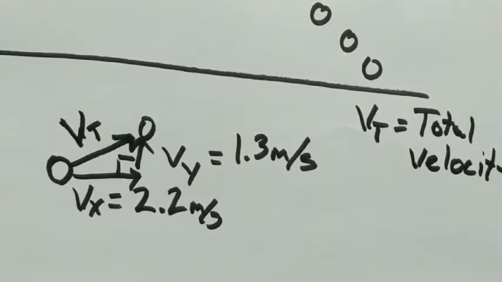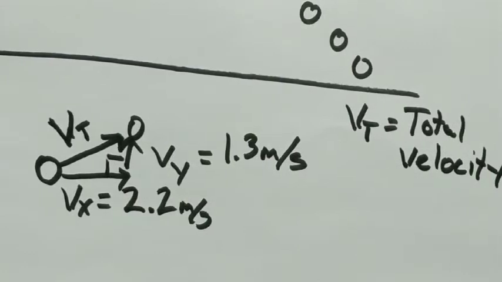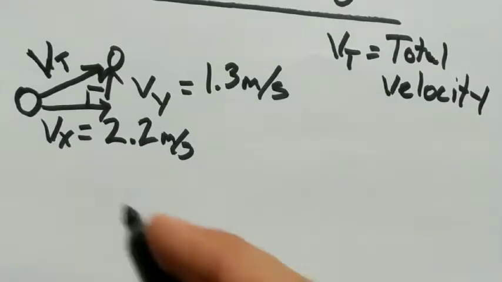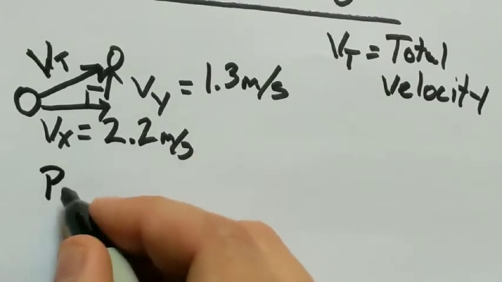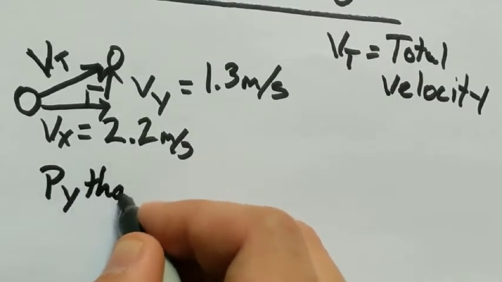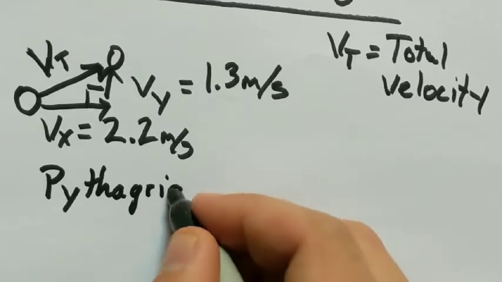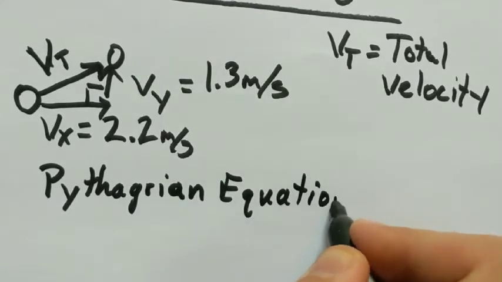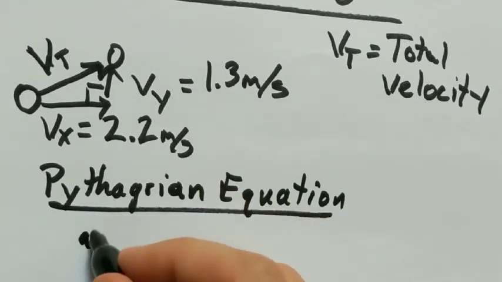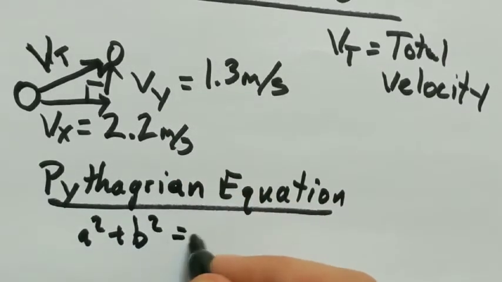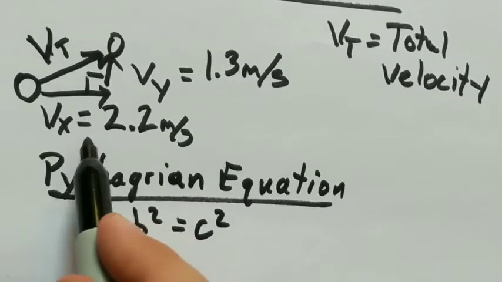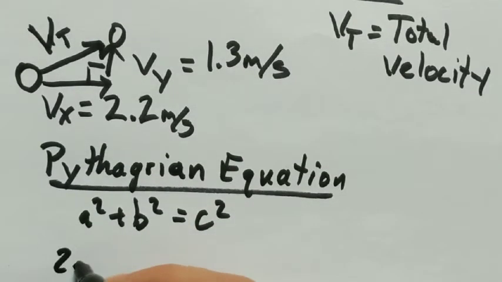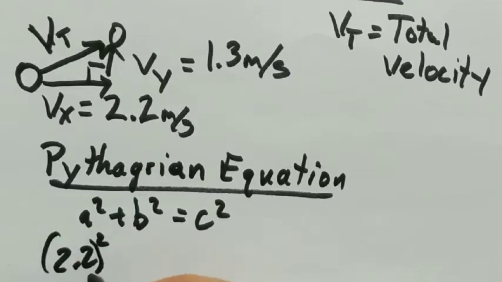And to solve that, because it's a triangle, that should not be too tricky for us. We are going to use a common equation, the Pythagorean theorem, a squared plus b squared equals c squared. My a is going to be my velocity of x, 2.2 squared.